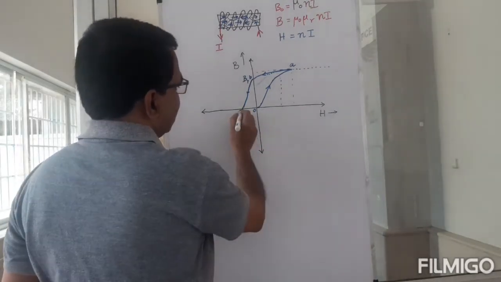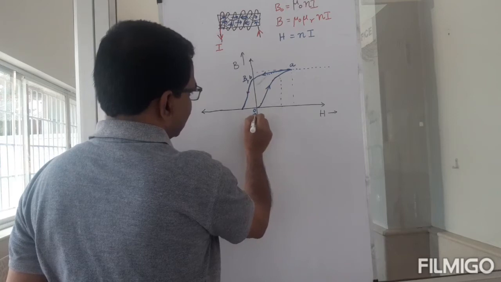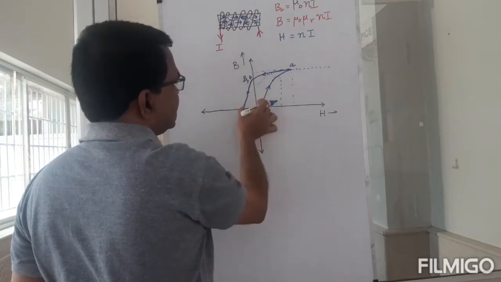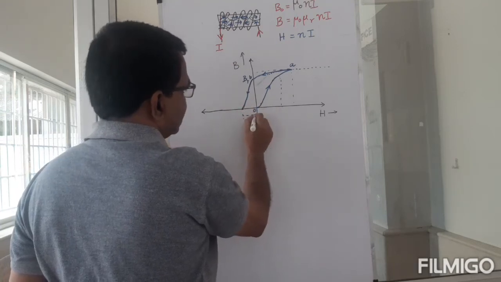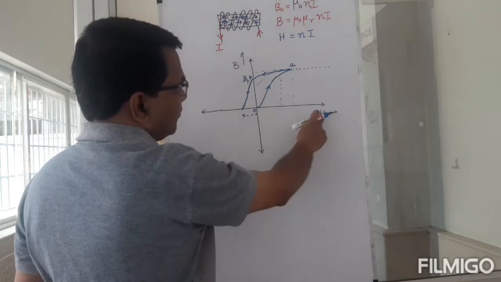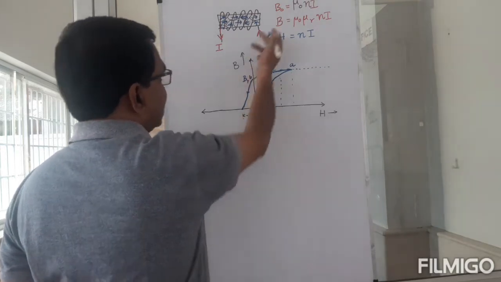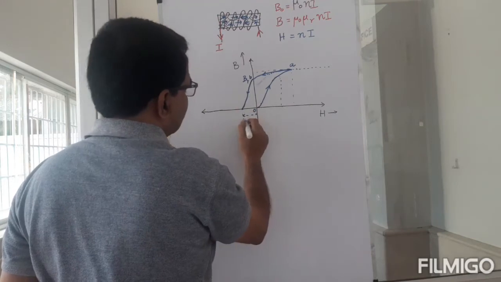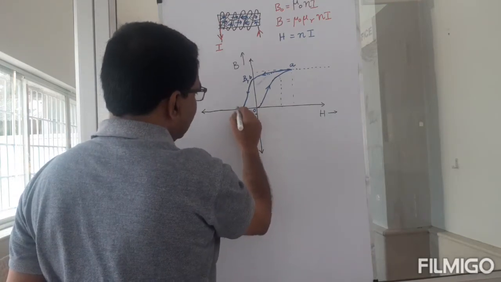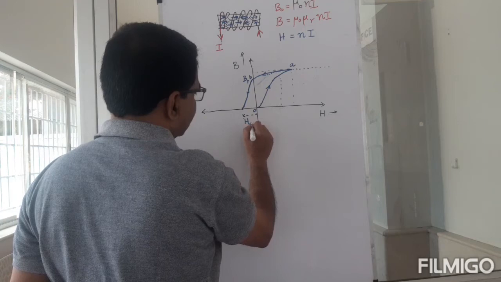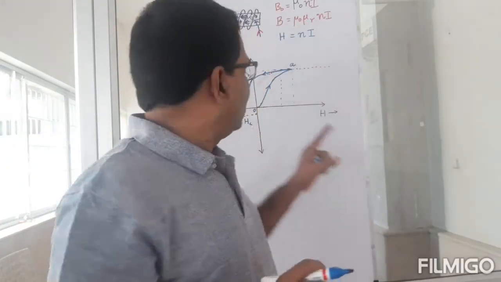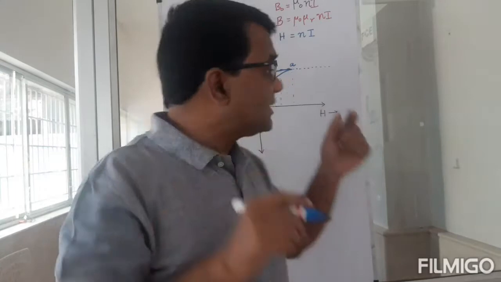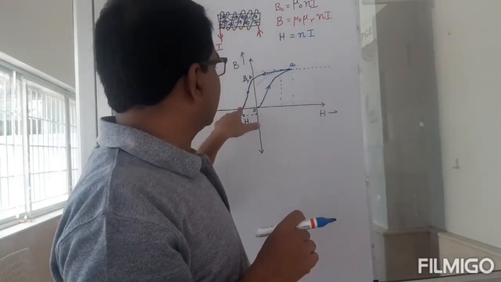Well, B is 0 anyway. Notice that you brought B to 0. But to bring it to 0, you need to give current in the opposite direction. So that value is called HC. This is the magnetic field intensity which brings this magnetism back to 0.